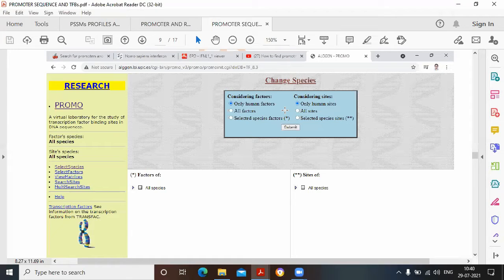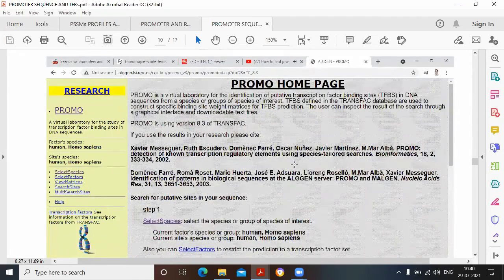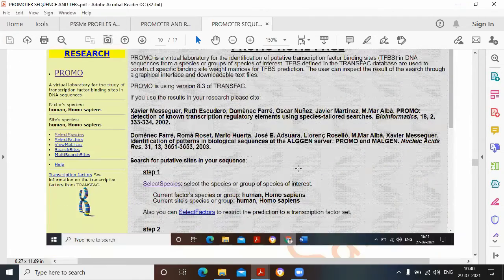So I wanted to find out what various transcription factors have a tendency to bind in this particular upstream region. For that, I have selected only the human. After selecting it, you just click on submit. After clicking on submit, you are going to get this particular page again.